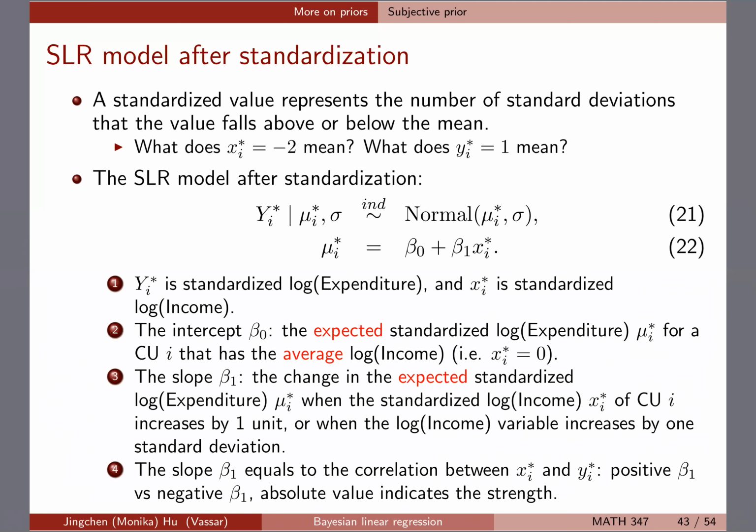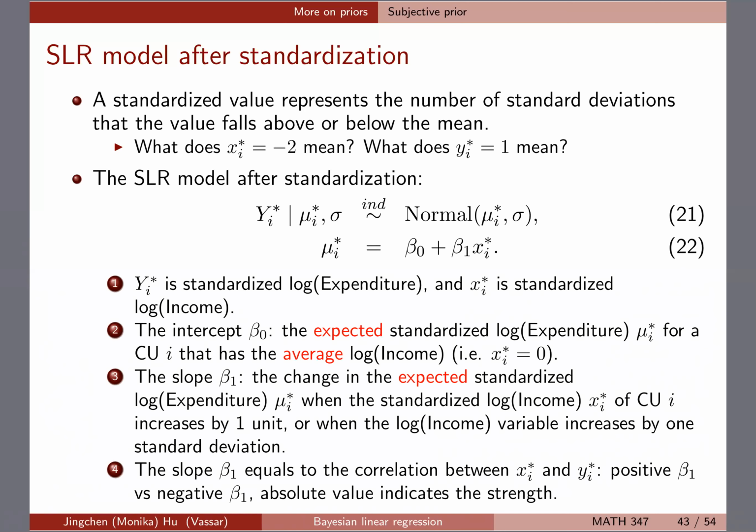Or now that you standardize it, you can say that it's when the log income variable increases by 1 standard deviation, okay? But I would say even more helpful is that once you do standardization, the slope equals the correlation between the xi star and the yi star. Correlation measures the linear relationship between two numerical or continuous variables.